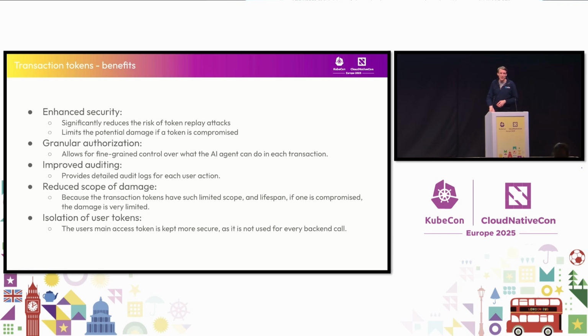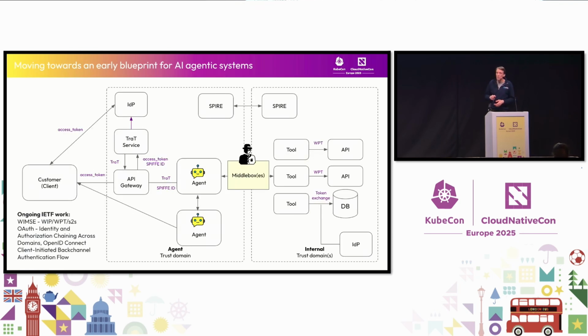I'm running low on time, so I'm going to flick through these next slides. Happy to share these. I'd recommend you read up more about this if you're interested. There's a lot of interesting work going on in the IETF, specifically a group called WIMSE. They're trying to standardize a lot of these things. There are a lot of new token types, which will be really interesting to solve some of these problems, particularly when you're passing across trust boundaries.